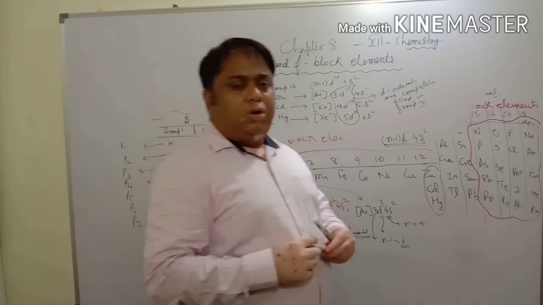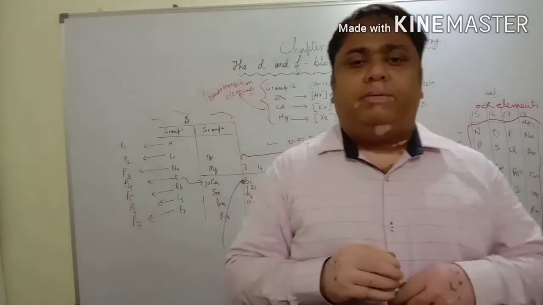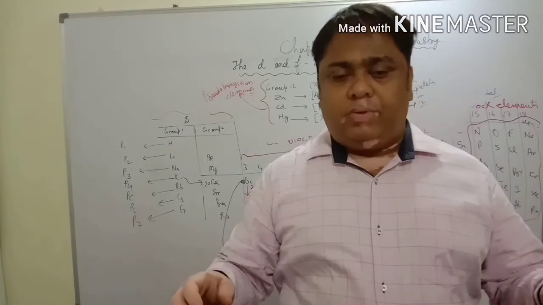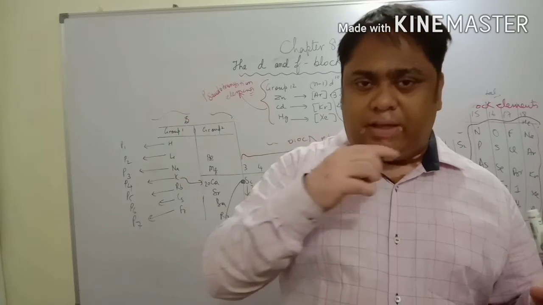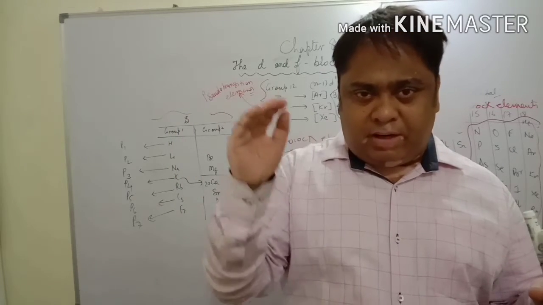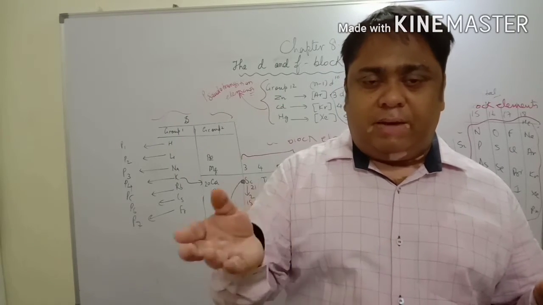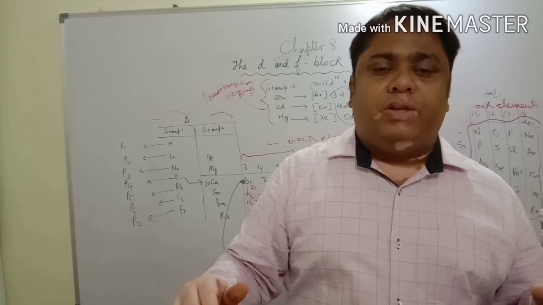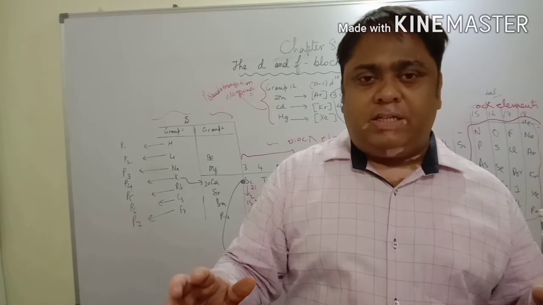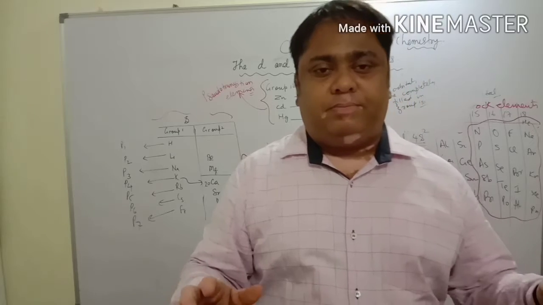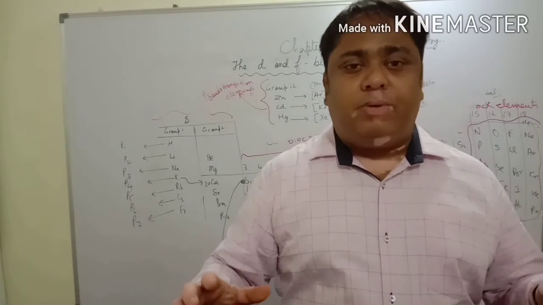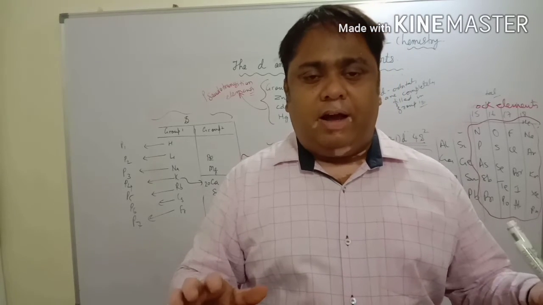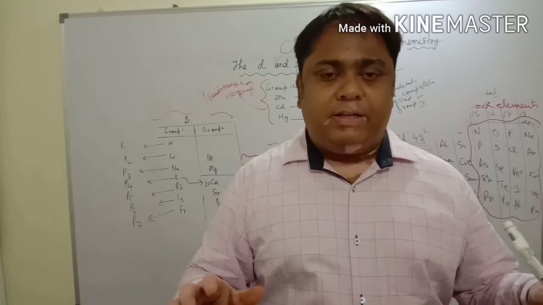Now if you can recall the quantum mechanical model of the atom, according to which when electrons go to a higher energy level, they absorb energy, and when they come down to a lower energy level, they emit light energy. So in this process you can see some kind of spectra. As a result, most of the d block elements form colored salts, like iron, chromium, manganese, copper.